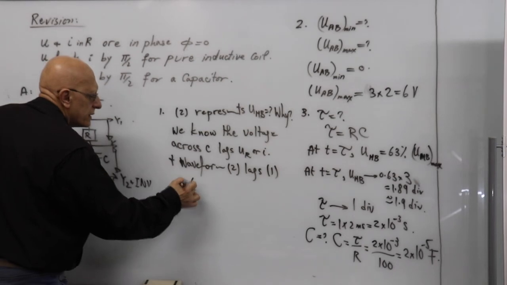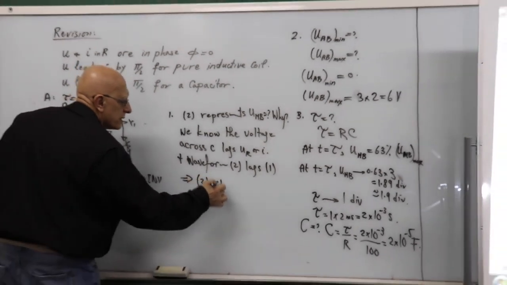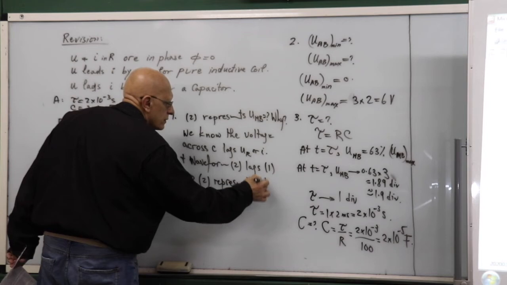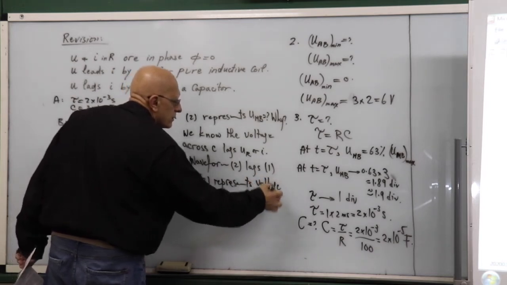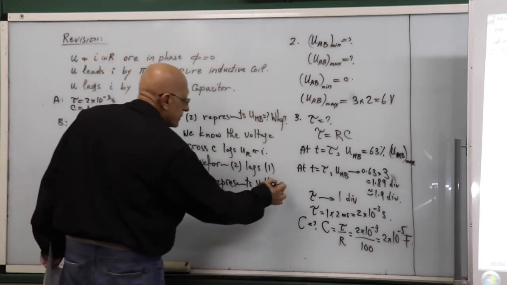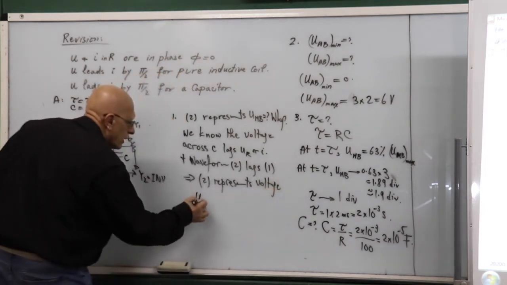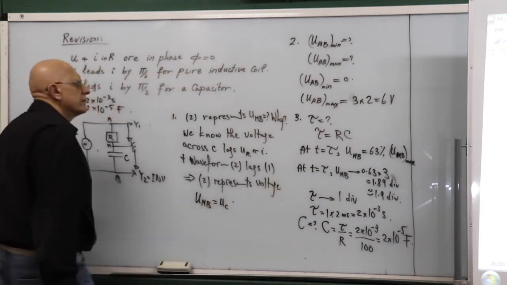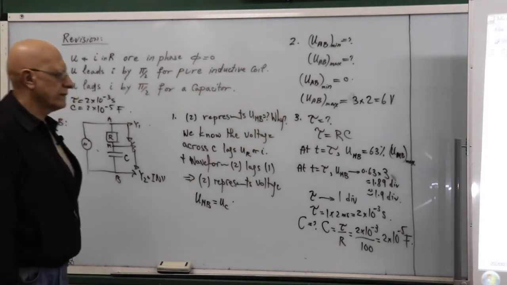This implies 2 represents voltage UMB, which is equal to UC. Okay.